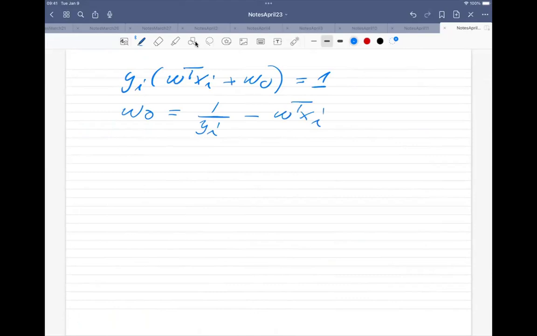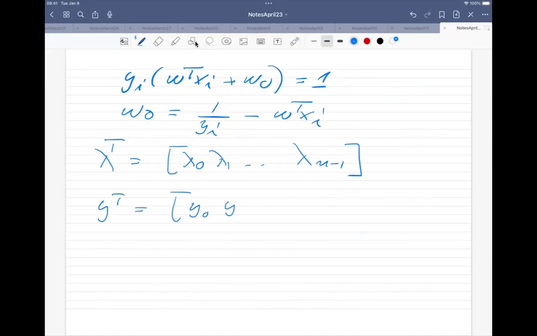So we can now rewrite this in terms of a matrix. I can define a vector lambda transpose, which is given by lambda 0, lambda 1, up to lambda n minus 1. And then I have my y transpose, which is given by y0, y1, up to y n minus 1.